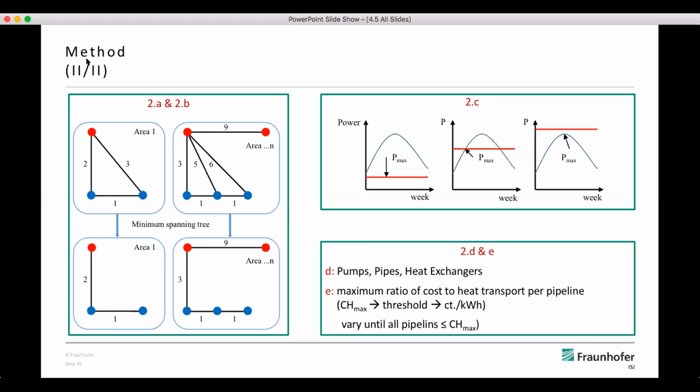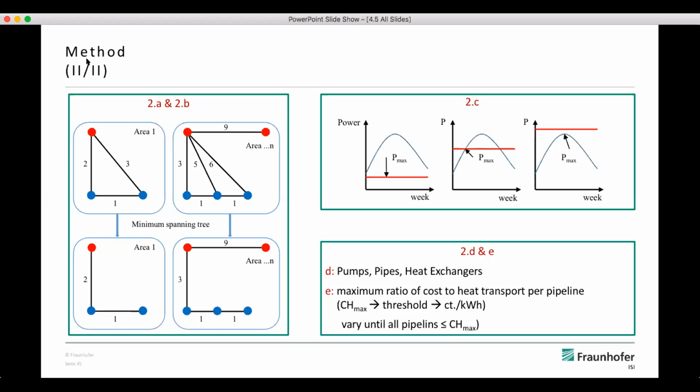And then the code is mutating the network so long until all pipes have specific costs which are below this threshold. And that gives us the possibility in the end to show up to which thresholds how much excess heat is being transported within our network.